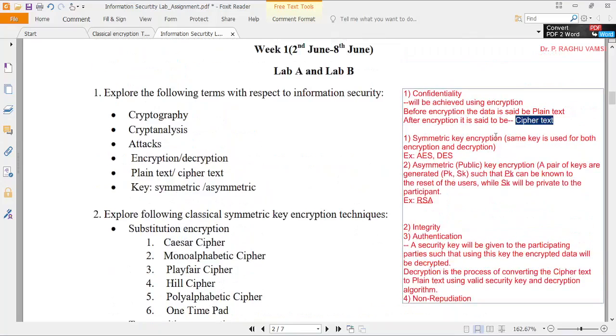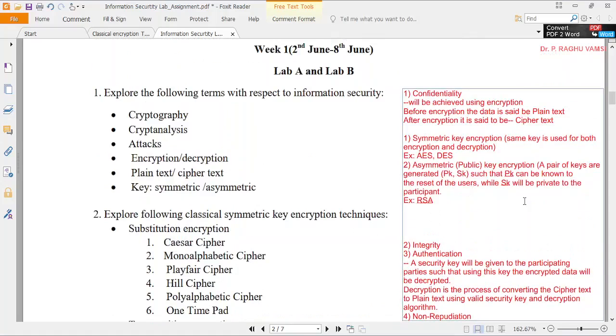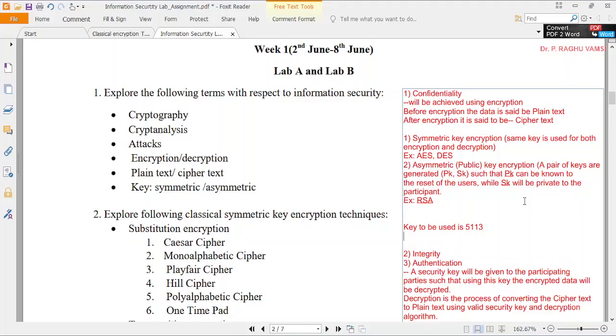Whenever you use a key, how can you perform this particular encryption? Let's say, for example, the key to be used is 5113, something.